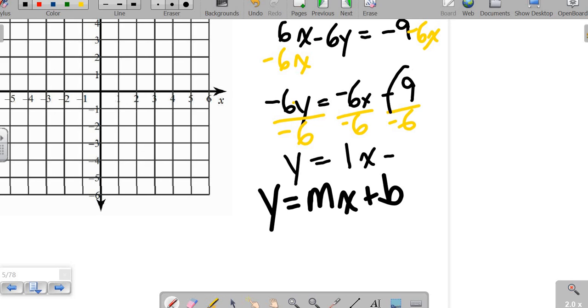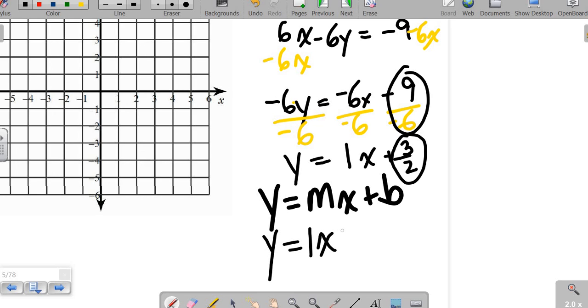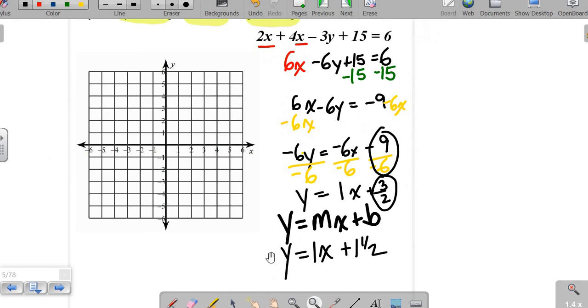Now this reduces to positive 3 over 2. But 3 over 2 is a little bit difficult to graph. So we're going to change that to a mixed number. So we have y equals 1x plus 1/2. That's a little bit easier to graph.